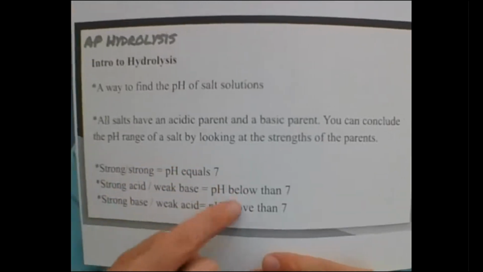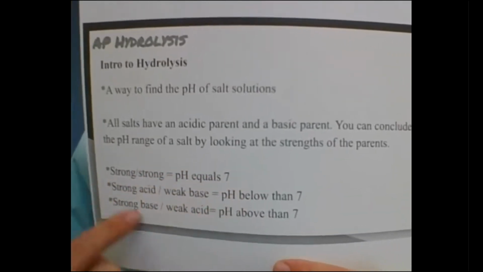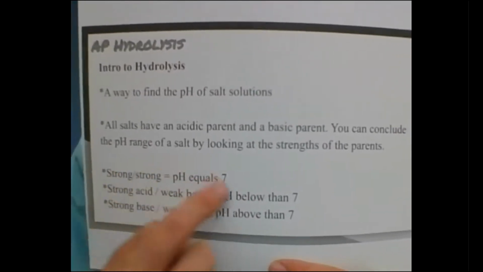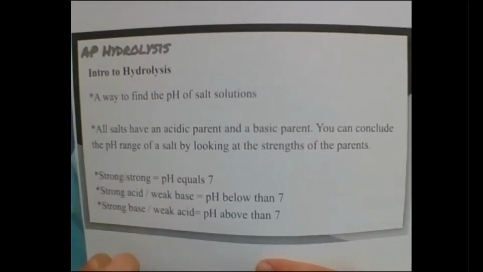So you're going to want this right here on this first slide kind of near you as I go through the first couple of examples, because it's going to help clear up a couple things about salt. But let's just start off by making sure that we understand what our focus is. Salt, by definition, is any ionic compound.